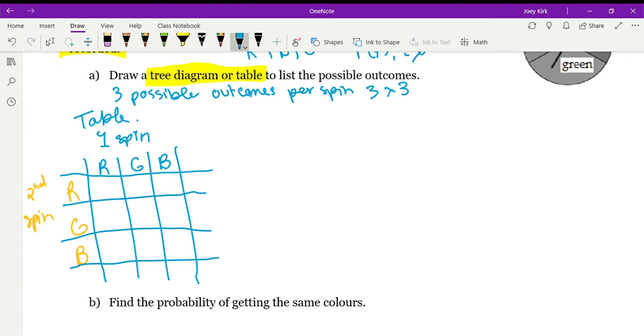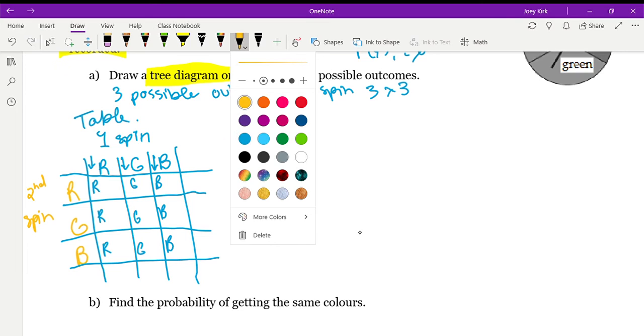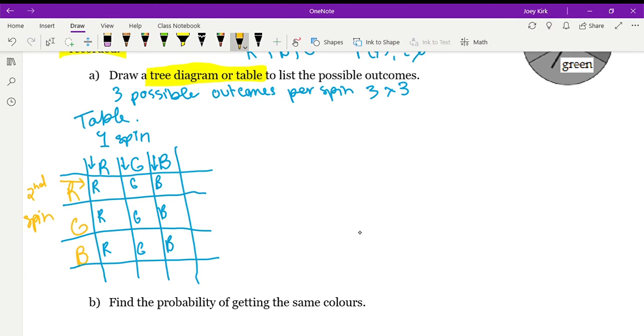All right. So let's talk about our first spin. Remember, we fill in our columns with that possible outcome. Okay? So green, green, green, blue, blue, blue, right? And then for our rows, we're going to do the same thing, except we're going to do it across the row.